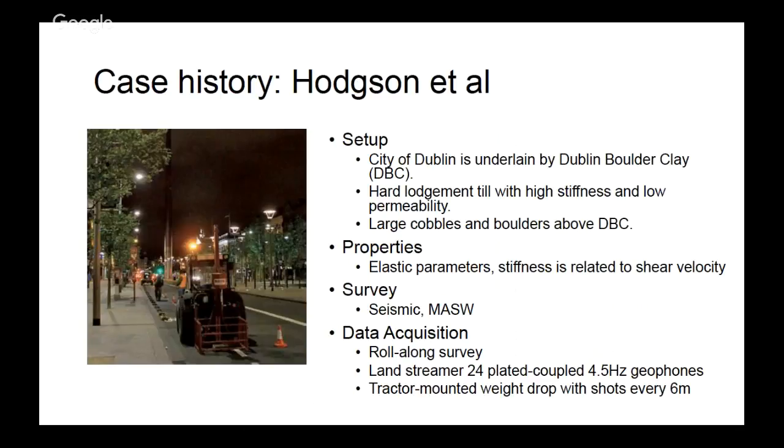The main properties that we're working with are our elastic properties. And those are obviously related to the stiffness of the soils and the bulk modulus. And then the actual property that we're going to be solving for and having in our inverted sections is this distribution of shear wave velocities.